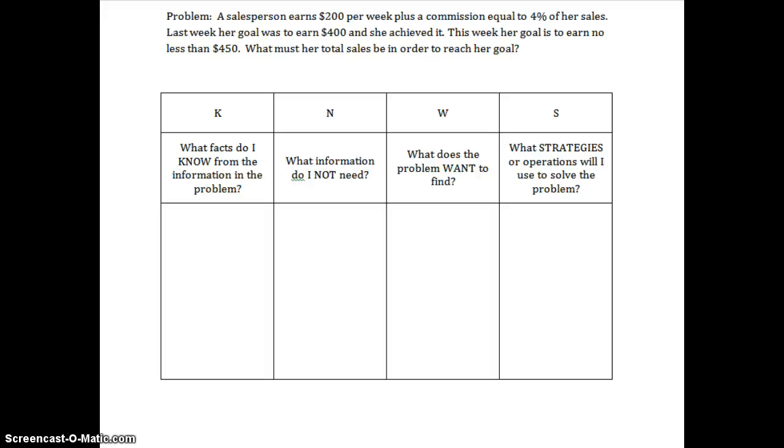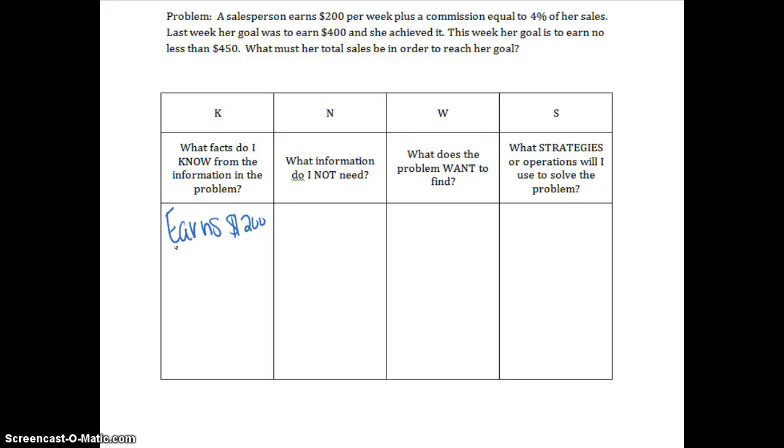Okay, so let's go through the process. From reading that, can you state any facts that you know from the information in the problem? She earns $200 per week. Okay, so go ahead and write that in. Anything else?